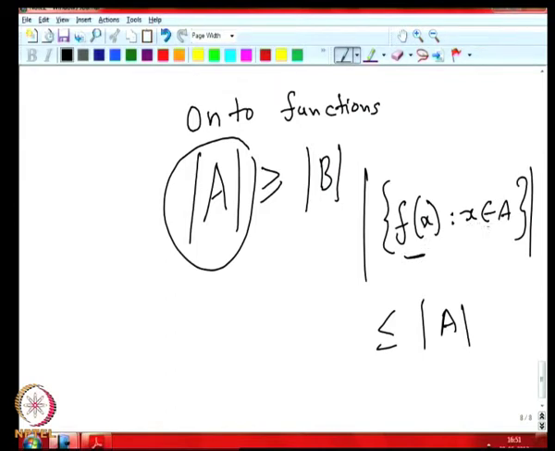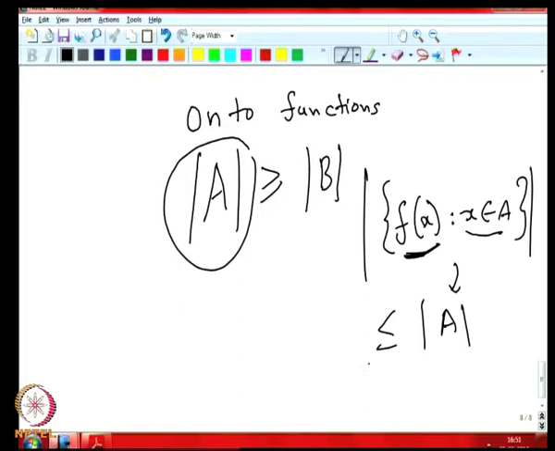If it was not an into function, it is possible that two different members of A have the same value of the function, and then this will be even less than A. But if it is an into function, this will be equal to A.